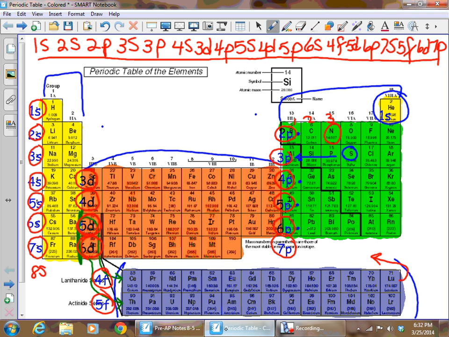What that indicates is that nitrogen has 3 electrons in that 2p block. Boron would have 1, carbon would have 2, nitrogen 3, oxygen 4, fluorine 5, and neon would have 6 electrons in that 2p sublevel.